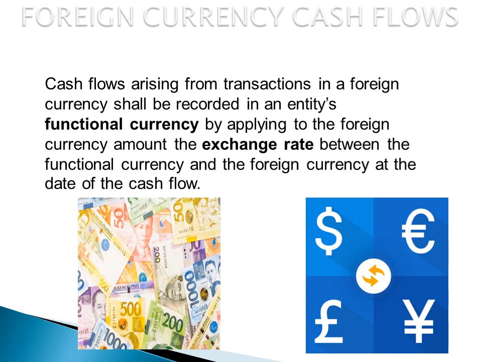This is done by applying the foreign currency amount at the exchange rate between the functional currency and the foreign currency at the date of cash flow. For example, here most BPOs are from the US. So the functional currency is normally US dollars, but payments for the salaries and the taxes would normally be in peso. So that would now be converted at the current exchange rate under its functional currency.